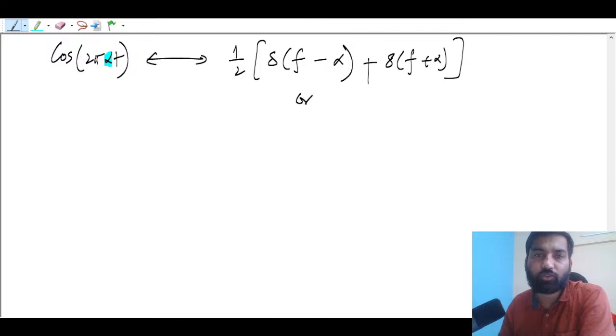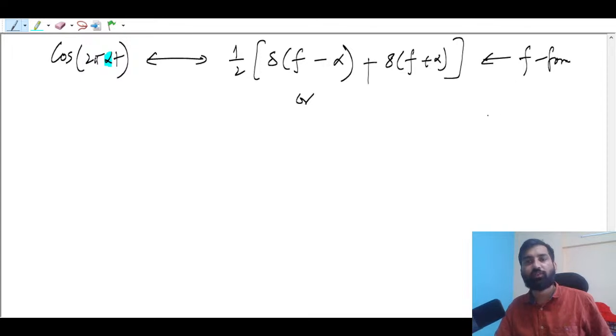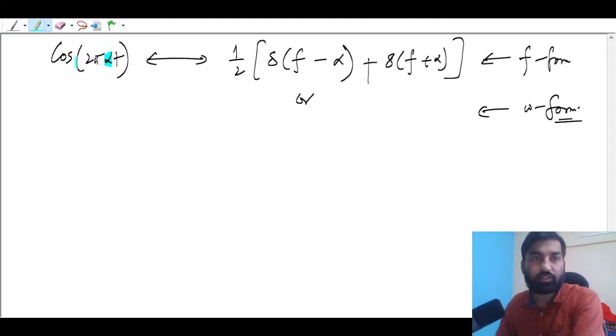Okay, now we want to convert into omega form. This is in f form. As you can see here, the Fourier transform of this cosine 2 pi alpha t has got the impulse, so you have to replace delta of f by 2 pi times delta of omega.